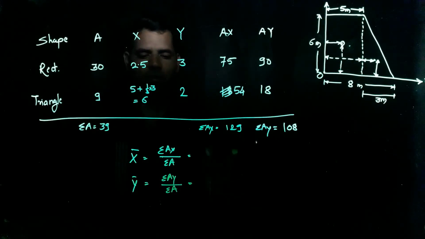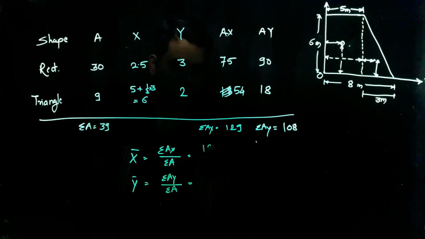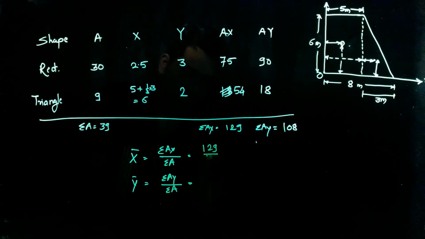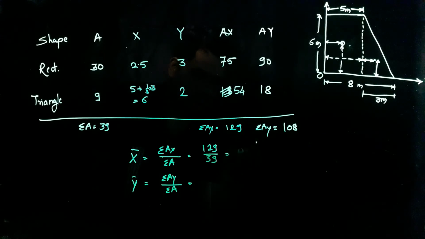So here summation of Ax is 129 and summation of area is 39, so that is about 3.308. The value is in meter.